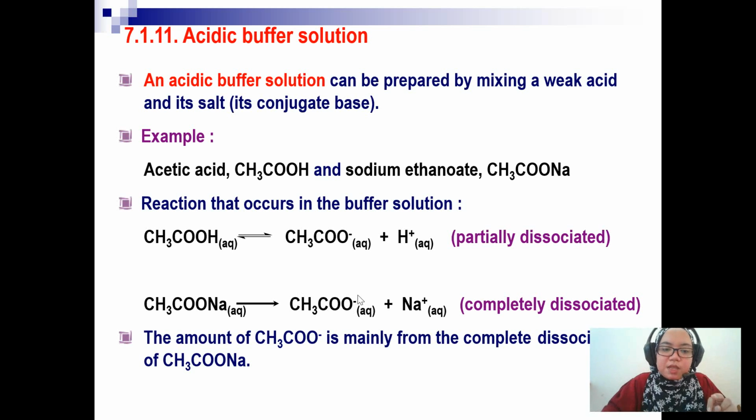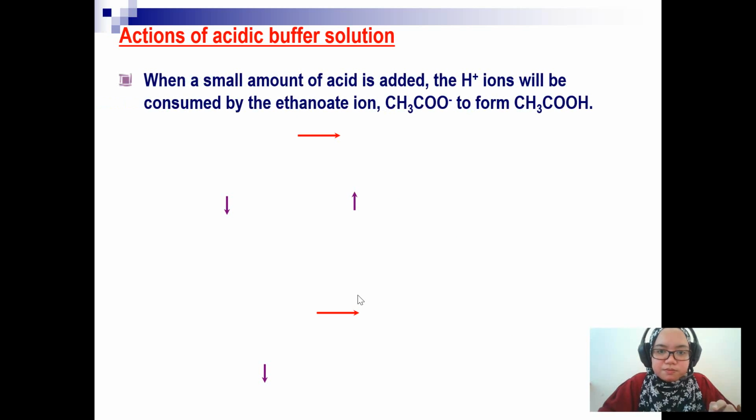Okay, alright. So now we want to look at the action of acidic buffer solution when we add a very small amount of acid into the buffer solution. When we add a small amount of acid to the buffer solution, the hydrogen ion will be consumed, or reacted, by the ethanoate ion CH3COO minus.